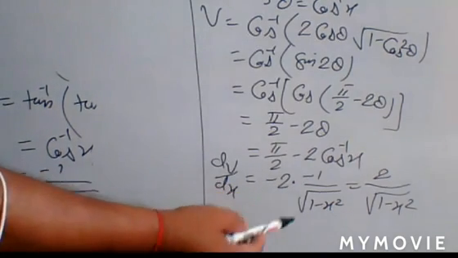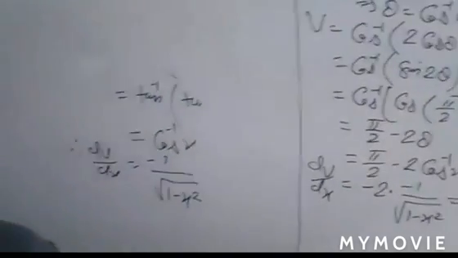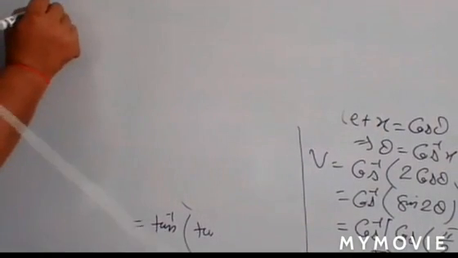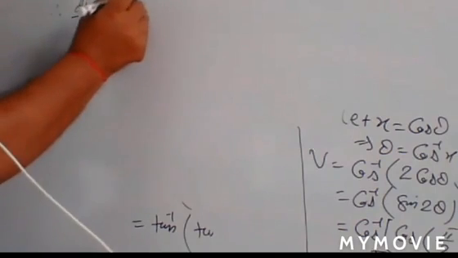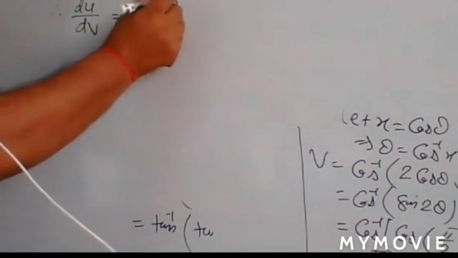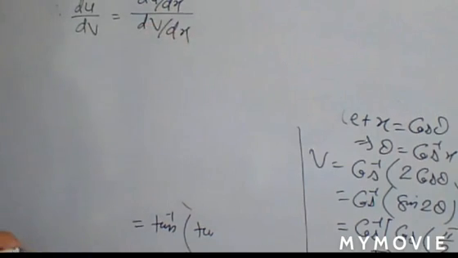Yes, that side be completed. Yes, sir. So you write du by dv is equal to du by dx upon dv by dx, understand?